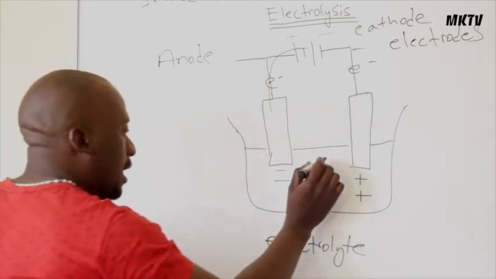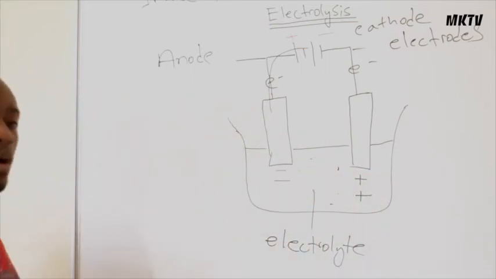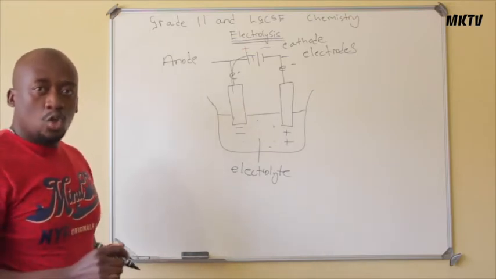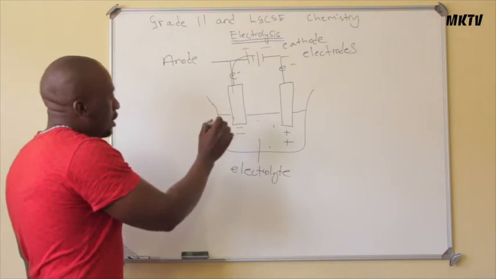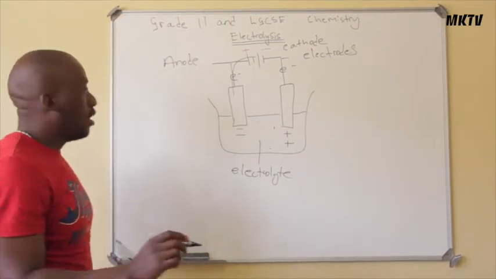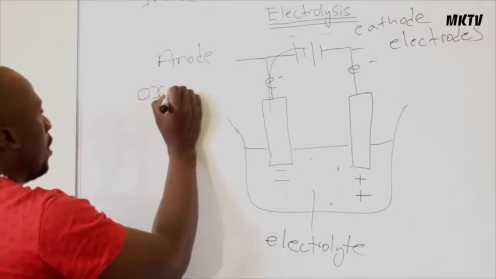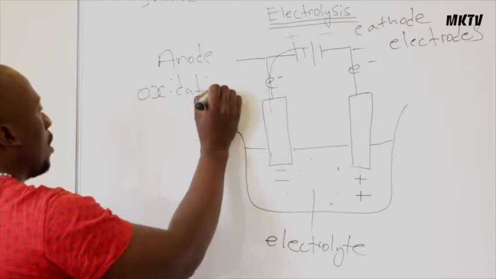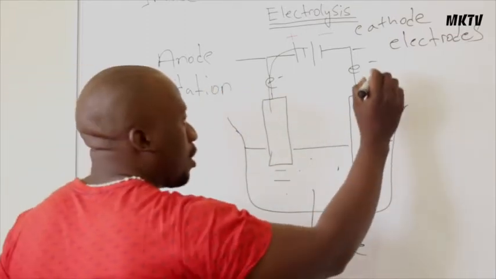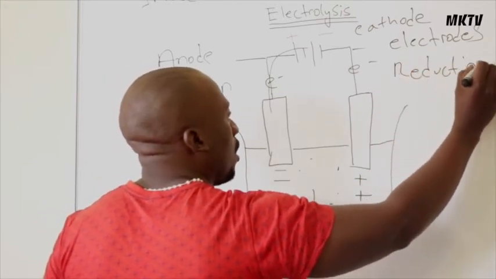Inside our electrolyte is whereby our chemical reactions are going to take place. When a chemical reaction takes place, we talk about oxidation and reduction. Here at the anode is whereby oxidation is going to take place. And on the cathode here, reduction is going to take place.